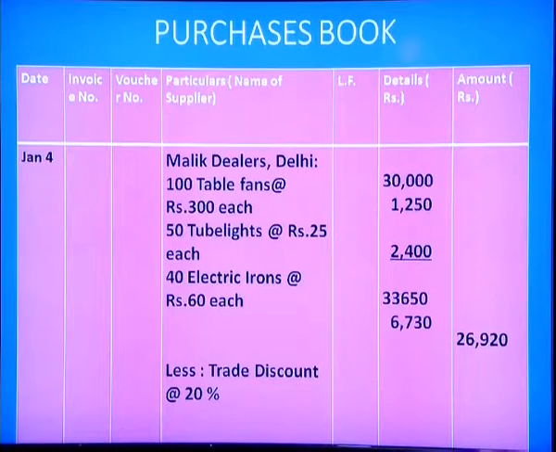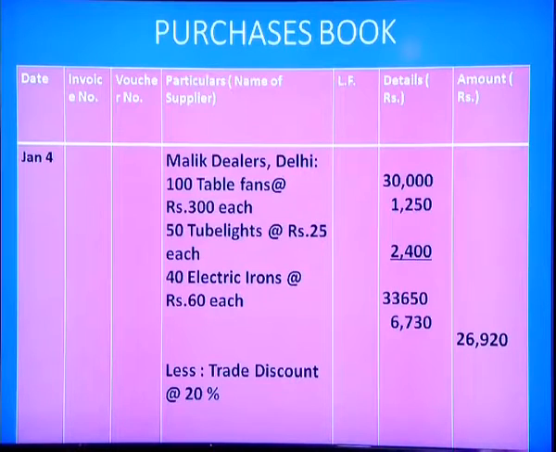And how many rupees for each item, that is also to be mentioned in the particulars column. So 100 table fans at rupees 300 each. 100 into 300 will give you 30,000. Then 50 tube lights at rupees 25 each. 50 into 25 will give you 1,250. And then 40 electric irons at rupees 60 each. 40 into 60 will give you 2,400.